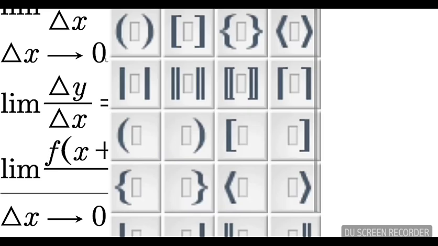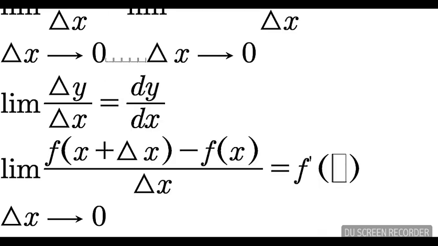So we say again that the limit of f of x plus delta x minus f of x all over delta x is equal to f prime of x.